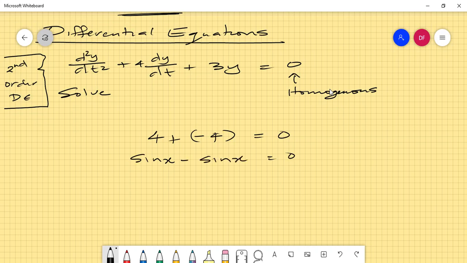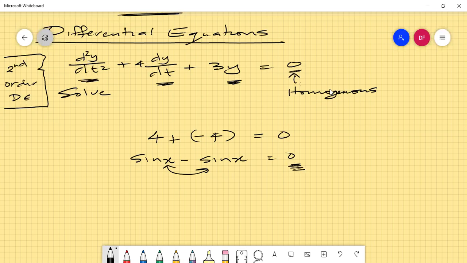So when I add or subtract two same things, if I get 0 as my result, then all the things that are there must be the same. So I get 0 here as my homogeneous equation. So therefore, this and this must be the same thing, must be of the same order.